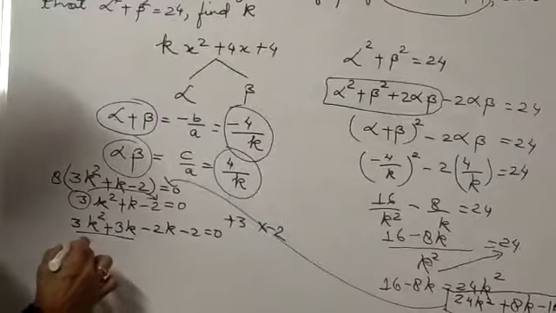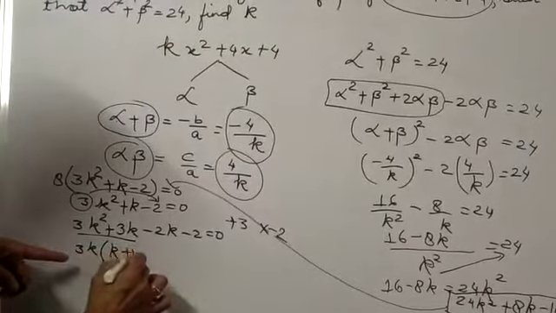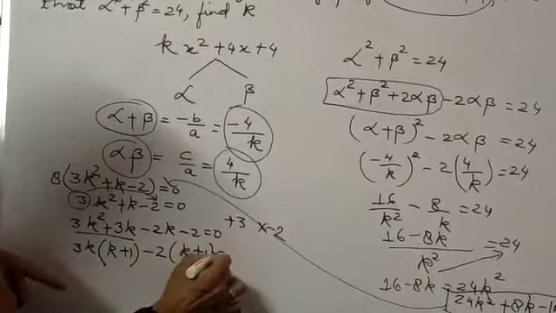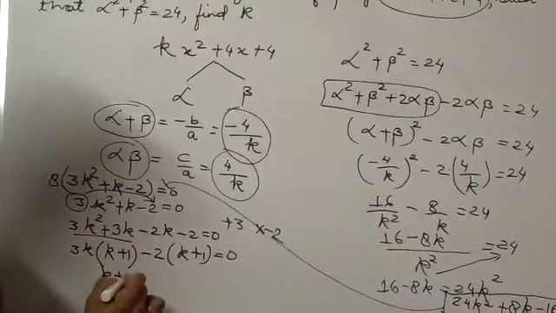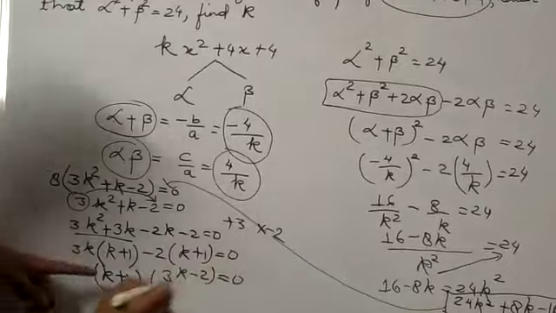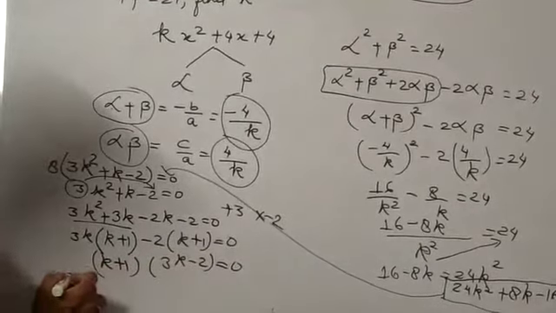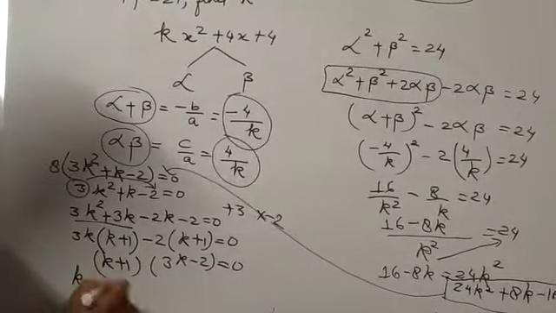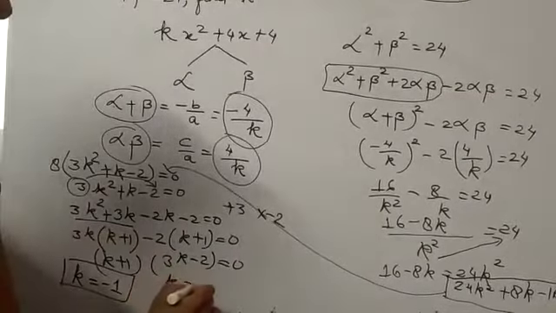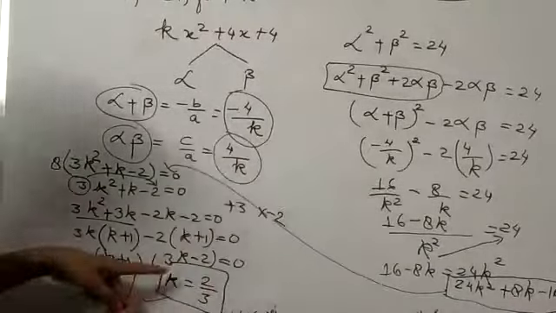Out of these two I can take 3k common. So here I am getting k plus 1. Here again I can take 2 common, k plus 1 equal to 0. So it is k plus 1 and 3k minus 2 equal to 0. Now equating k plus 1 equal to 0, it will give me k equal to minus 1. And equating this equal to 0, I will be getting k equal to 2 by 3. So these are the two possible values of k.